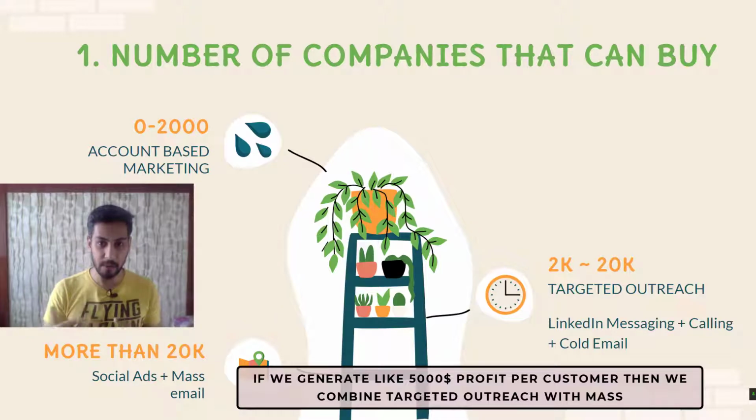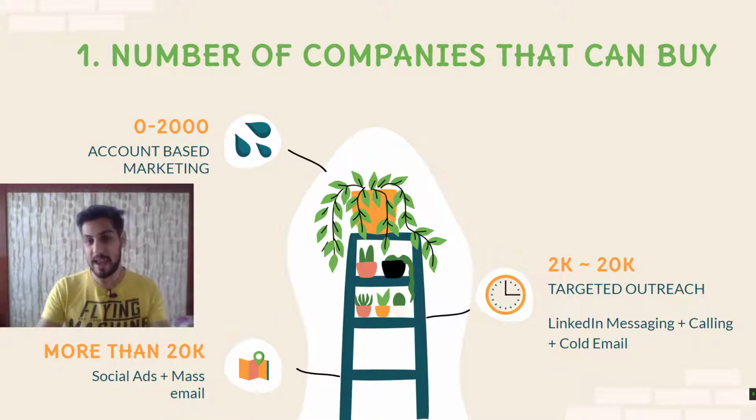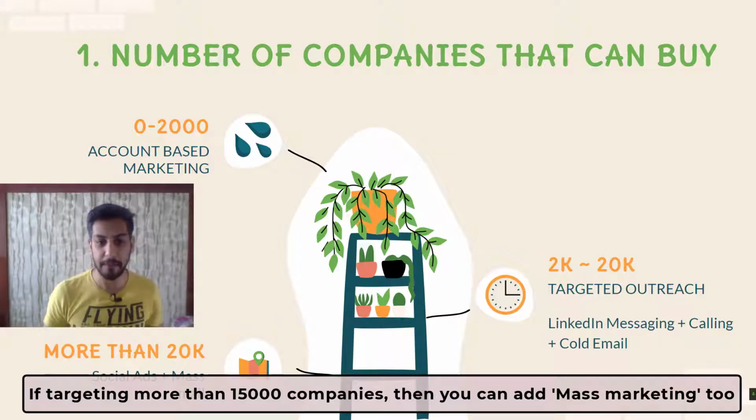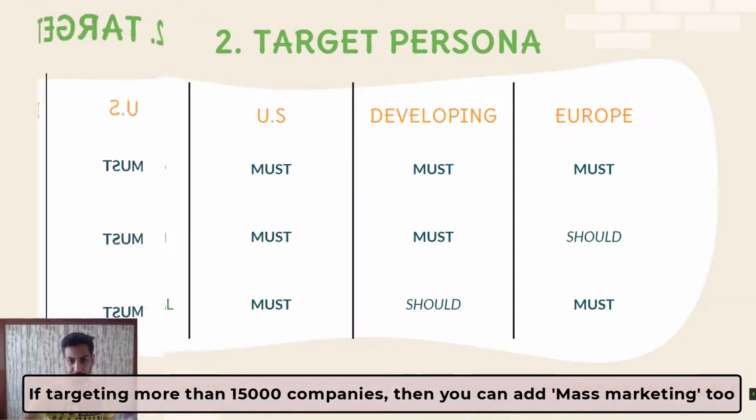So what we're trying to do is, how can we reach out to 1 lakh or 10 lakh customers with mass email, get them to click, see our videos, go through a funnel, and then show them retargeting ads, so that it's a bit more hands-off approach, and these people kind of self-serve themselves to becoming our client and become more aware about us. And sometimes if you are in the 15,000 companies mark, we usually do both of these. We do targeted outreach and mass stuff.